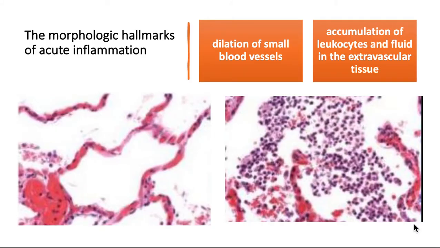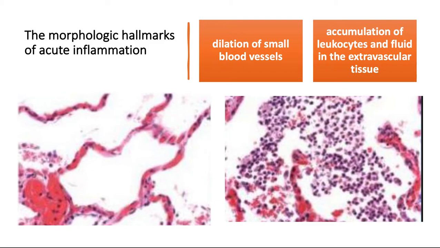The morphologic hallmarks of acute inflammatory reactions are dilation of small blood vessels and accumulation of leukocytes and fluid in the extravascular tissue. The vascular and cellular reactions account for the signs and symptoms of the inflammatory response.